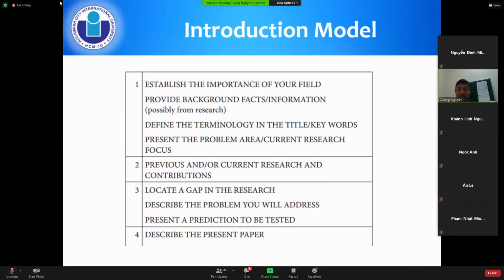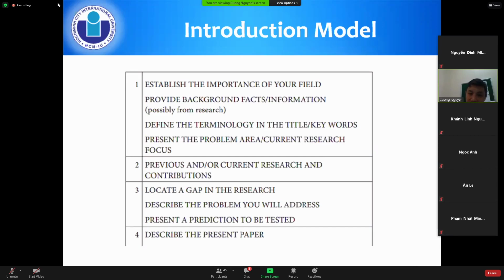And number 4 is a kind of current paper. The 4 keywords that I want you to memorize, okay? Number 1, we have a lot of things over here, right? But essentially it is about background information. Number 2 is about lit review. Number 3 is about research gap. And number 4 is about the current paper.